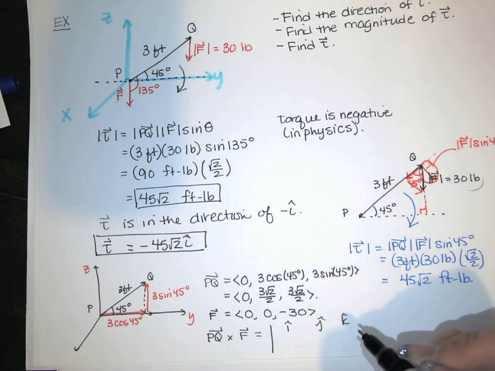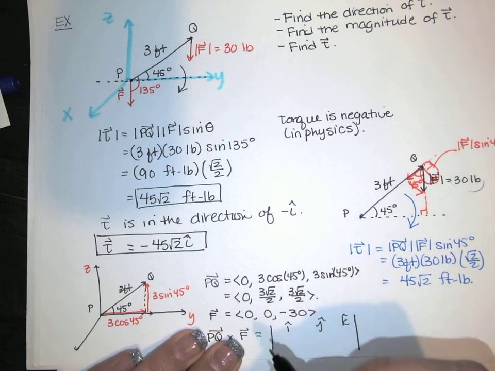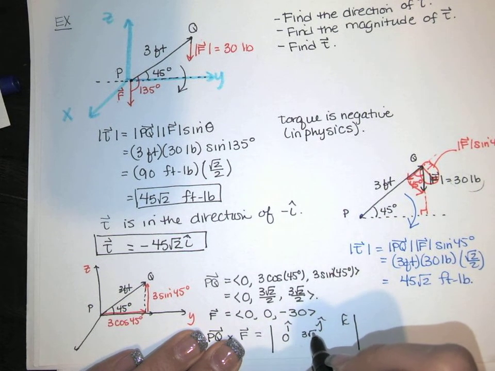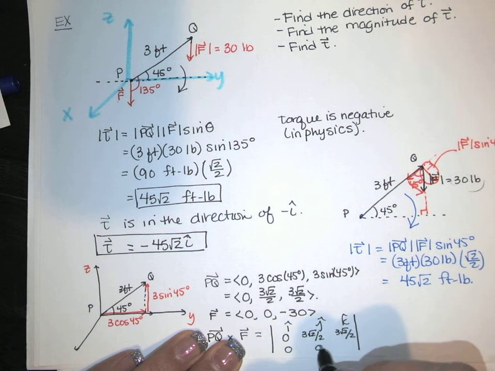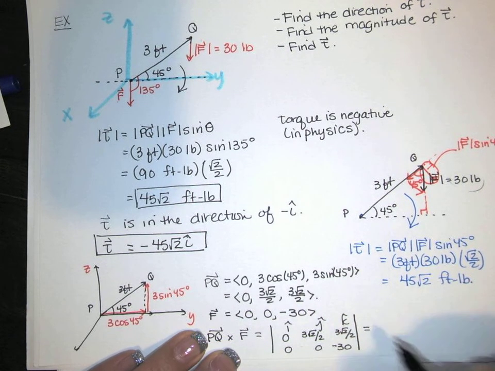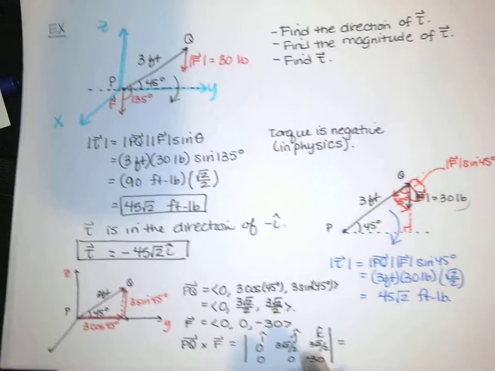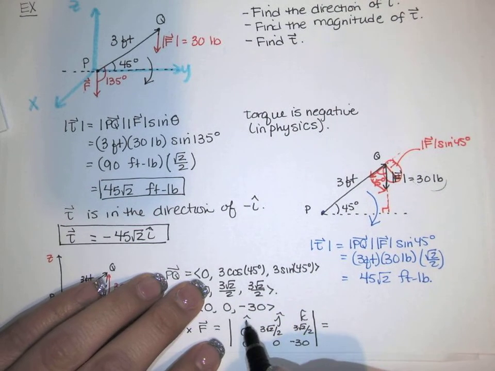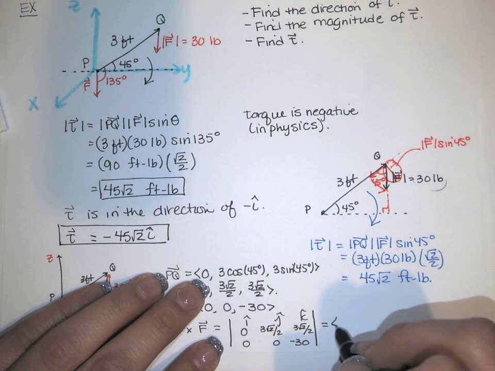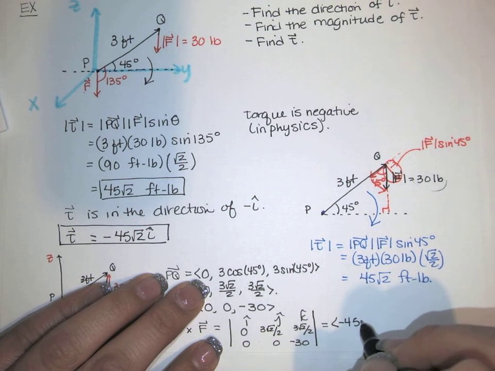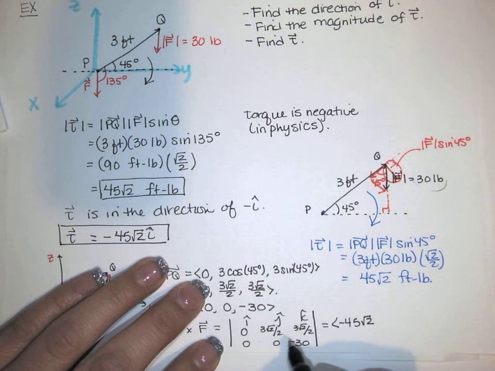Let's show that we get exactly the same thing. So I put i hat, j hat, and k hat in my first row of my determinant form for the cross product. In the second row, we list the components of PQ. In the third row, we list the components of F. And then let's take the cross product. So we cross out the row and column containing i hat, and we get this times this. Well, that's going to give me negative 90 over 2, so that's negative 45, times the square root of 2 times i hat minus 0.